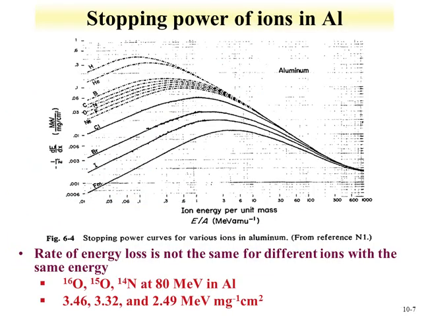As an example of this concept, we're looking at the stopping power of a range of ions, everything from hydrogen to fermium, in aluminum. And we're looking at this stopping power, change of energy with distance, and this unit is MeV per milligram per centimeter squared, as a function of energy.